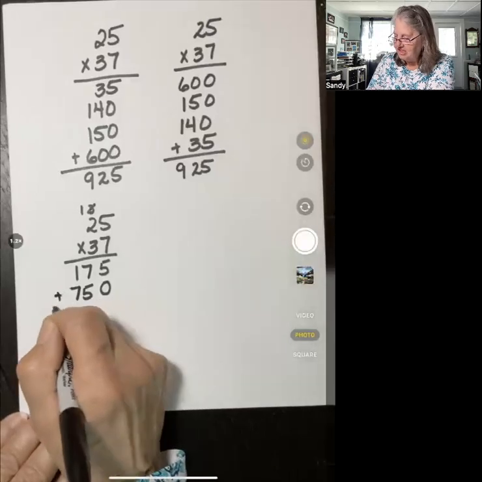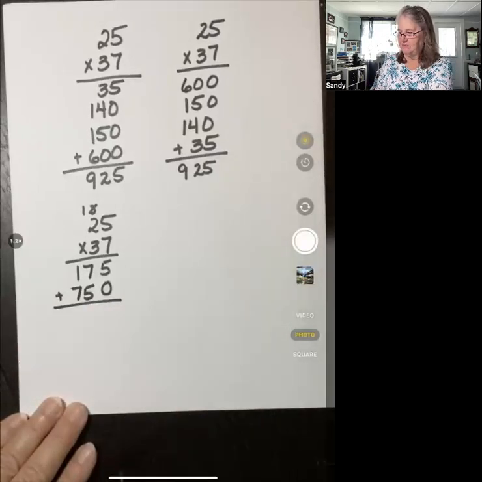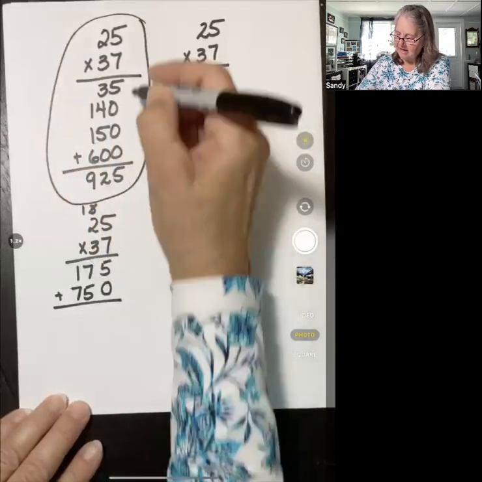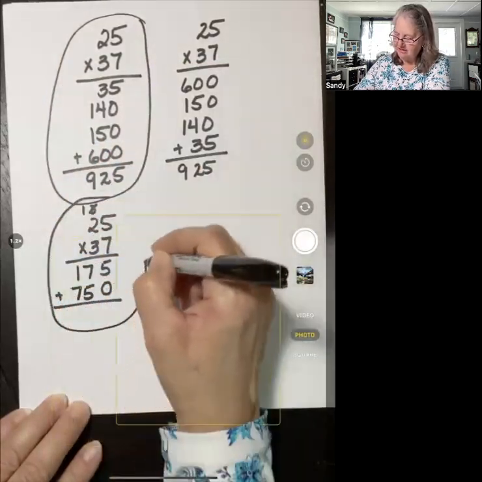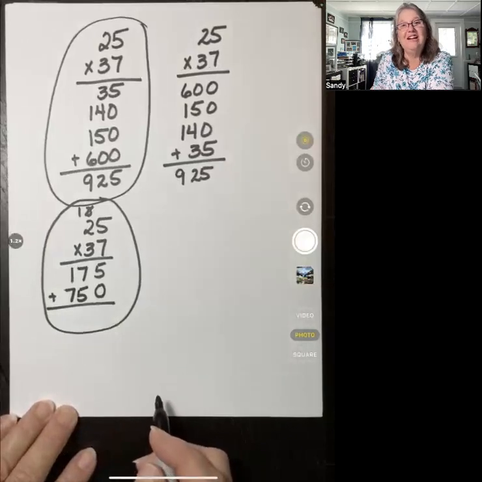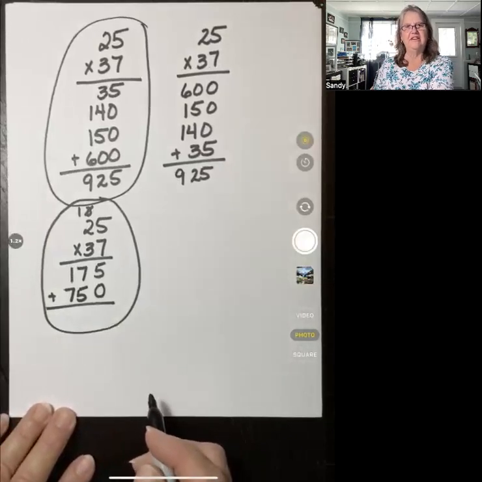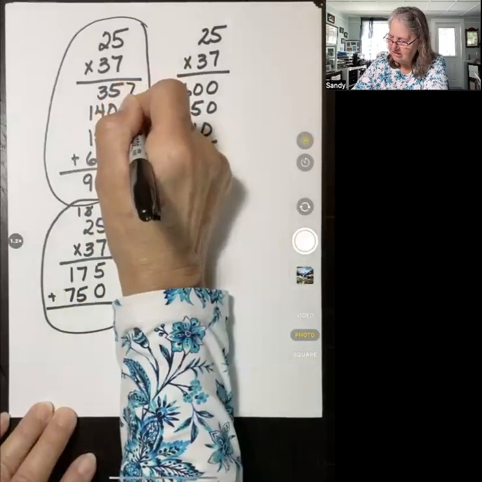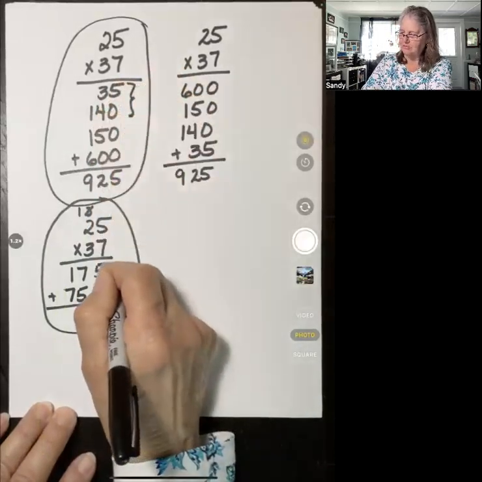Now, here's what I'd just like you to take a moment to do. Look at this one and look at that traditional algorithm. How are they the same and how are they different? And that's the same question I would ask your child. Look at those and tell me how they're the same. Do you notice how these two come together to make this one?